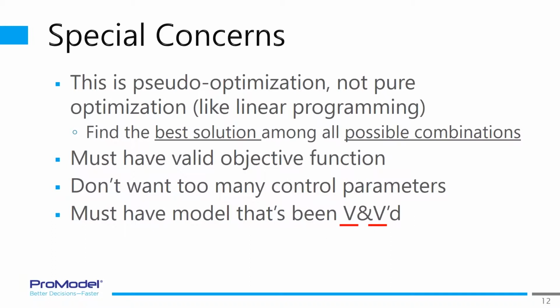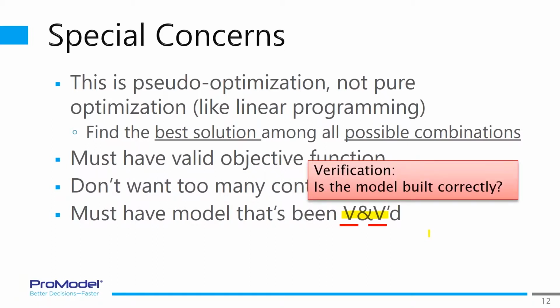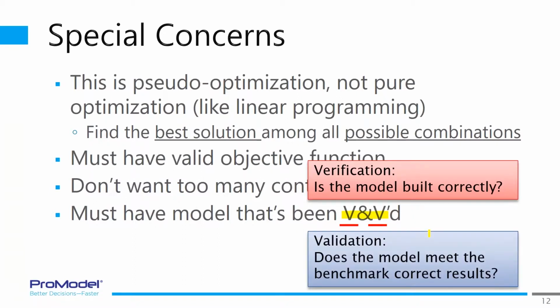That can be very time consuming based on how long it takes to run each model. It's also very key to make sure that before you attack with SimRunner, that your model is verified and validated. In other words, is the model built correctly, and does the model meet the benchmark results correctly? SimRunner is one of the last things that you do in a model development.